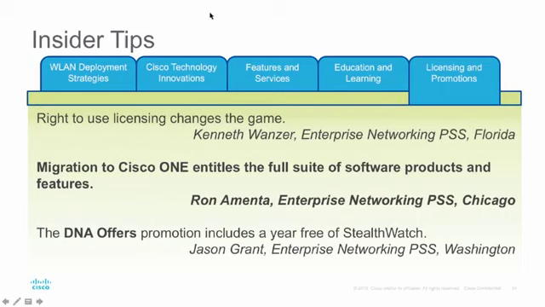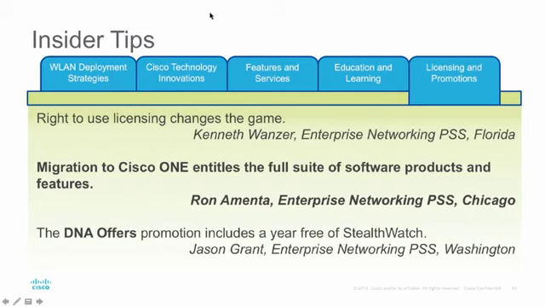Also, it provides the CMX and MSE base licenses. So now we get visibility into our network and can do historical tracking of devices within our network, and see and place rogue access points, any Wi-Fi device that we might have out there. And then lastly, something that Cisco One provides is ongoing innovation.